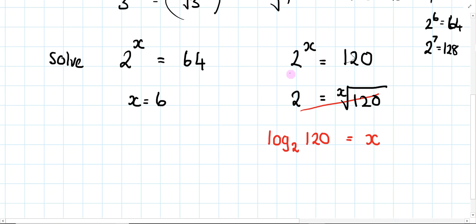That's because in this number here, 2 to the power of x, we've already said the x is the exponent, but the 2 is the base. That's why I said log to the base 2 of this answer will isolate the x and give me the x value. It's doing the inverse.